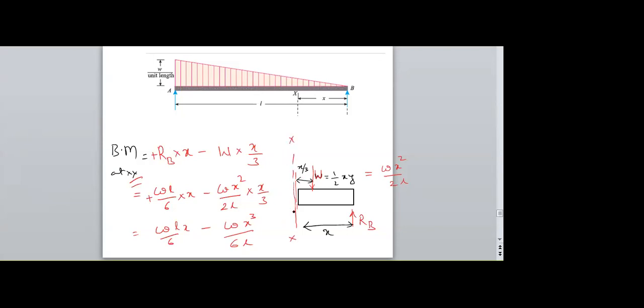This is the first force, RB, and it is at a distance of x from my section. Next load is W, acting at a distance of x by 3. Substituting the RB value and W value, we will get a standard equation.